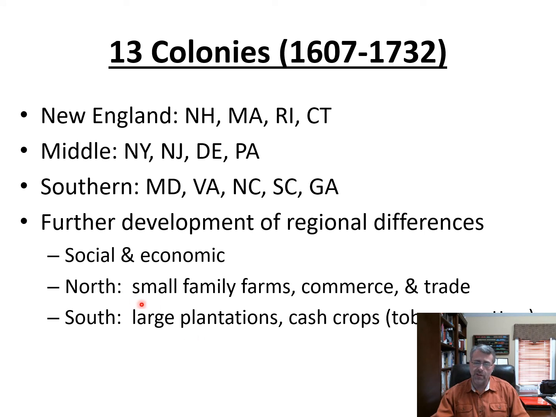In the north, we see this pattern of small family farms, tight-knit communities, compact settlements. In addition to small family farms, subsistence agriculture, we start to see a burgeoning commercial industry and trade starting to take shape in the north. Small cottage industries, shipping and trade.